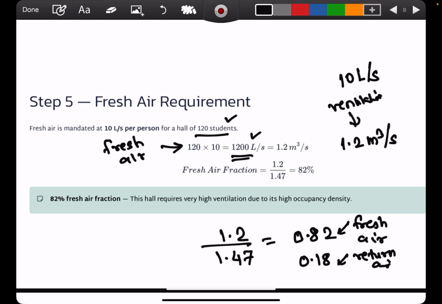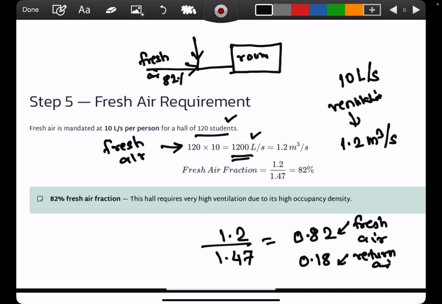Okay, so in this problem you will find that the major quantity is fresh air, which is 82%, and only 18% is retained. 18% is retained, and the remaining 82%, that is 0.82, is thrown off. Okay, so this is the arrangement here, right? So this is a very high ventilation application.